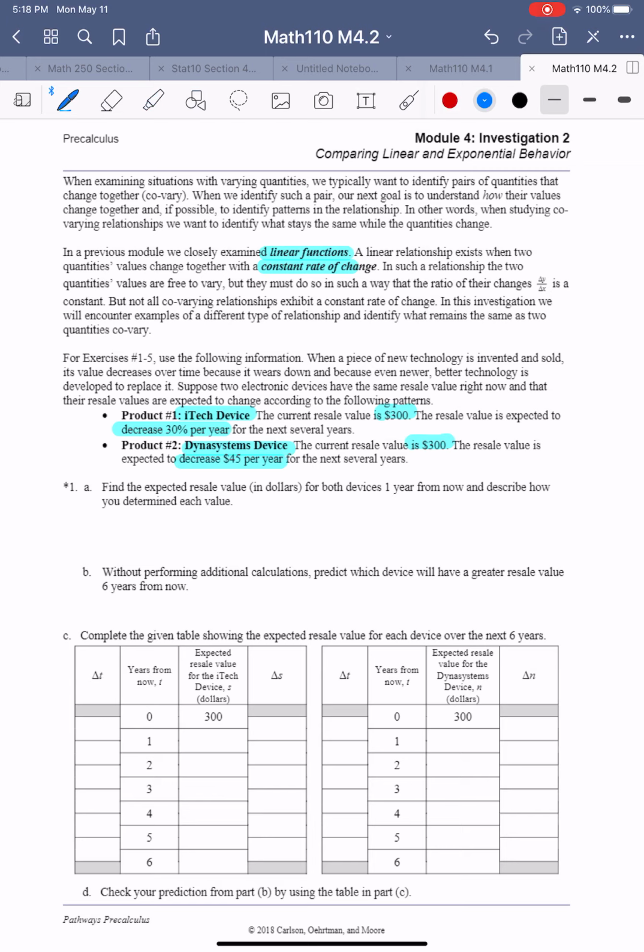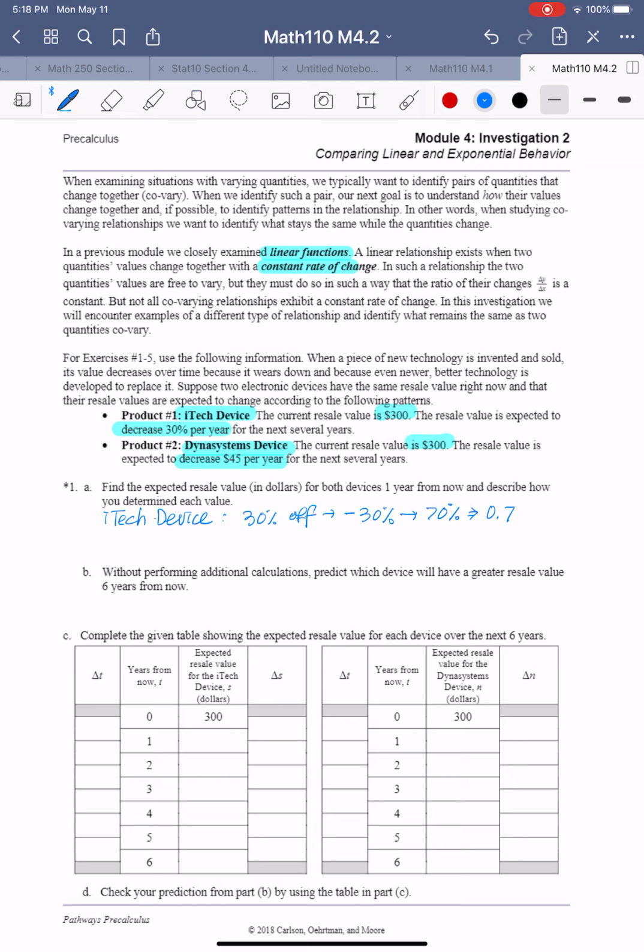The first one is the iTech device. It's 30% off, which means the price 1 year later keeps 70%, which is the same as 0.7.